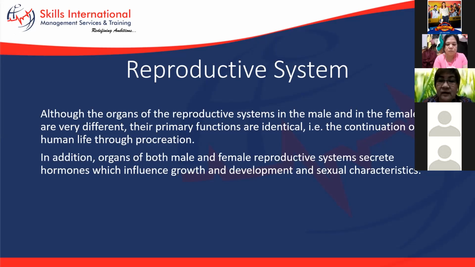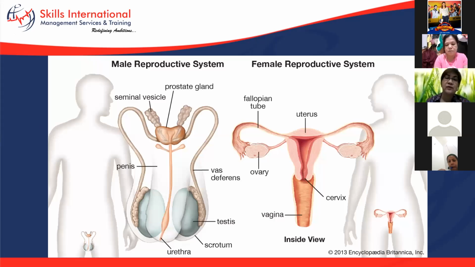The function of the reproductive system is to help in the production of the fetus or the embryo of the human being. In addition, organs of both the male and the female reproductive systems secrete hormones which influence growth and development and sexual characteristics. Okay, so these are both the male and the female reproductive systems.